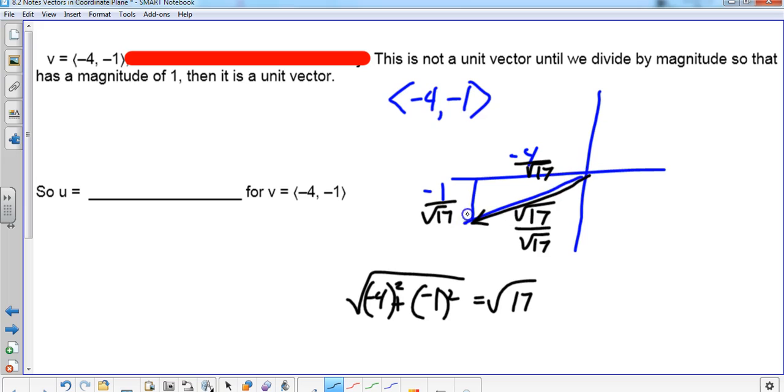Now, the hypotenuse is 1, and we have some crazy business out here. The x to the left is negative 4 over square root of 17, which we have to write negative 4 square roots of 17 over 17. Everybody okay? Rationalize. And what's the y component then?